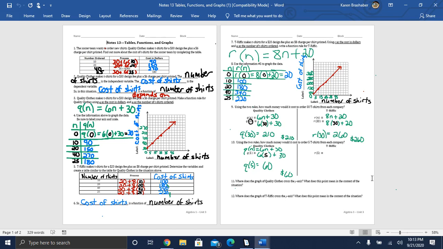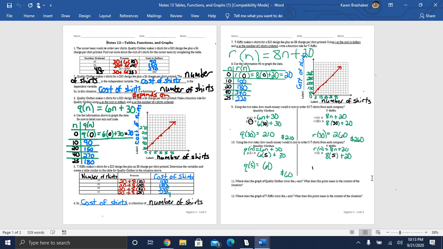And then comparing that to R of 5. So R of N, remember our rule, is 8N plus 20. So we'll do R of 5. That's going to be 8 times, and then in place of the N, we're going to use a 5.